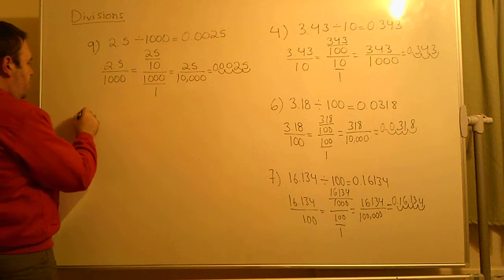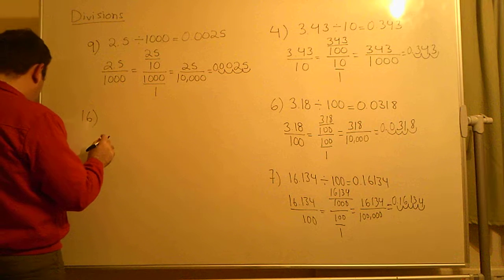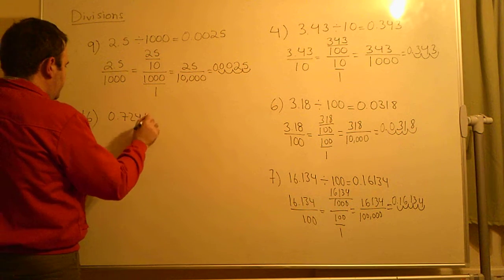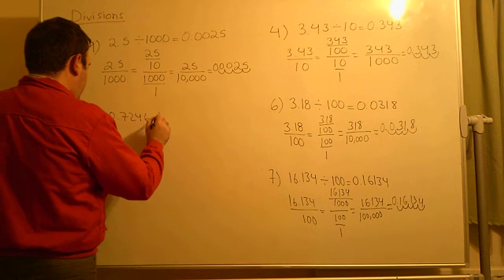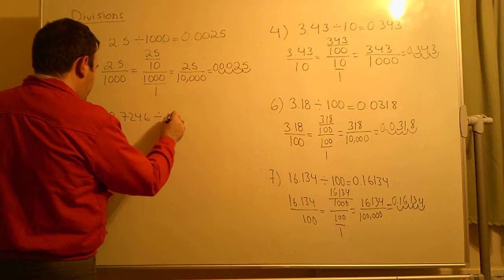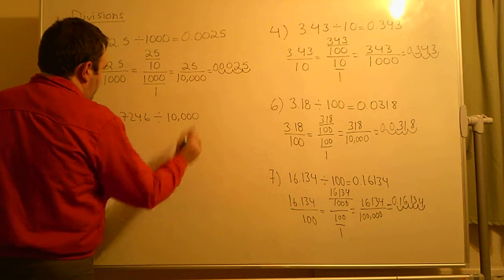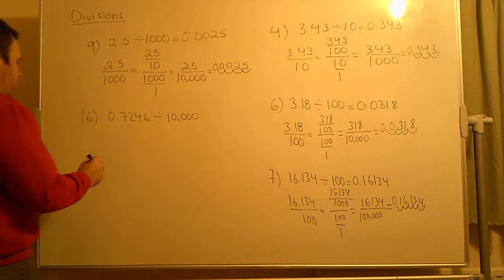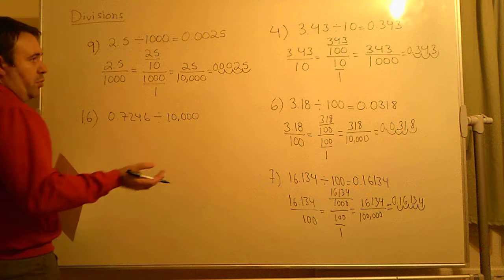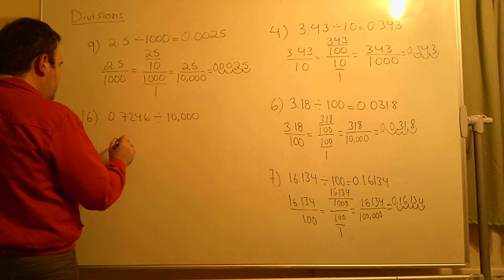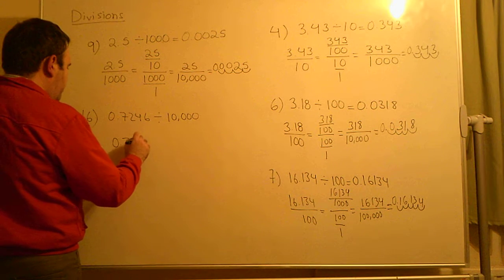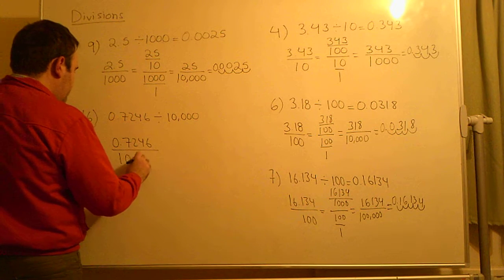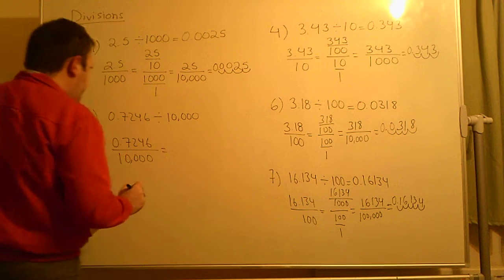Now we're going to skip up to example number 16, which would be 0.7246 divided by 10,000. So we do what we usually do. We write it down like this: 0.7246 divided by 10,000.